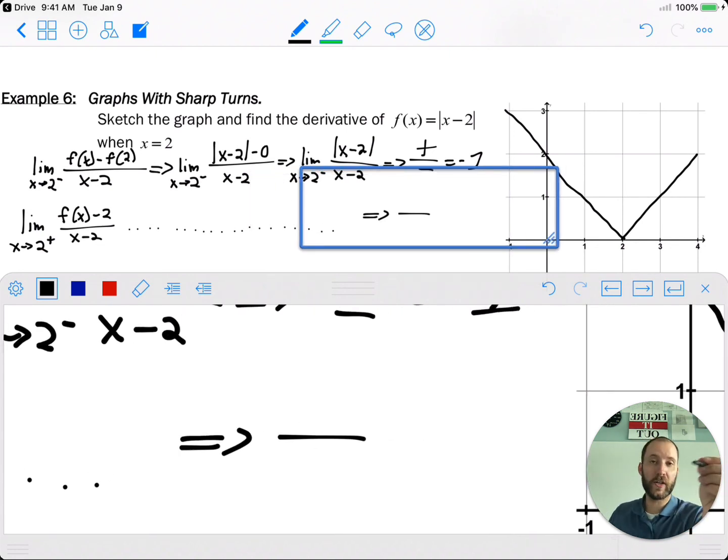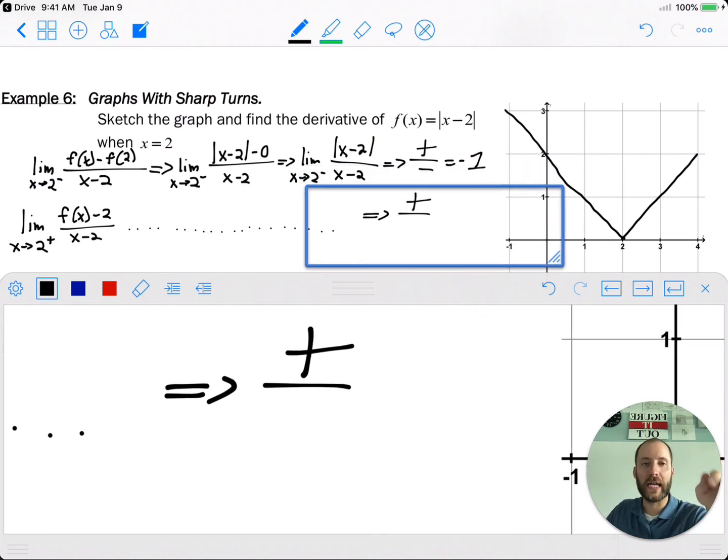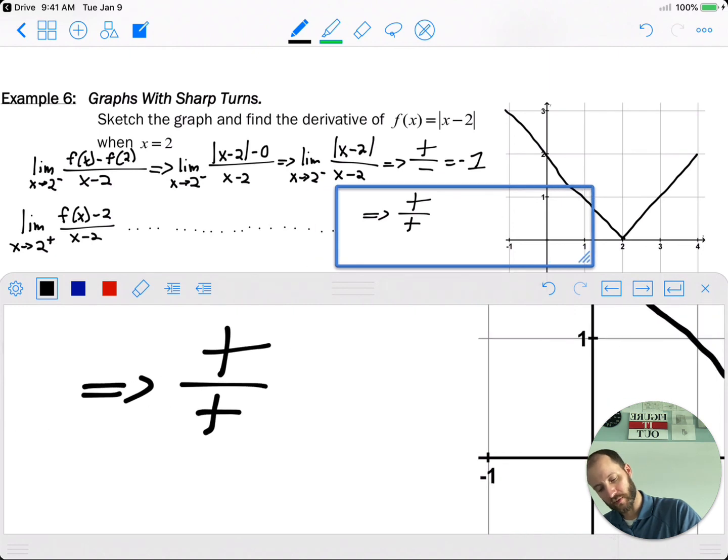Your numerator, absolute value of x minus 2, is always positive. Your denominator, x minus 2, as you come in from the right, so 5 minus 2, 4 minus 2, 3 minus 2, is also always positive. So you have positive 1.